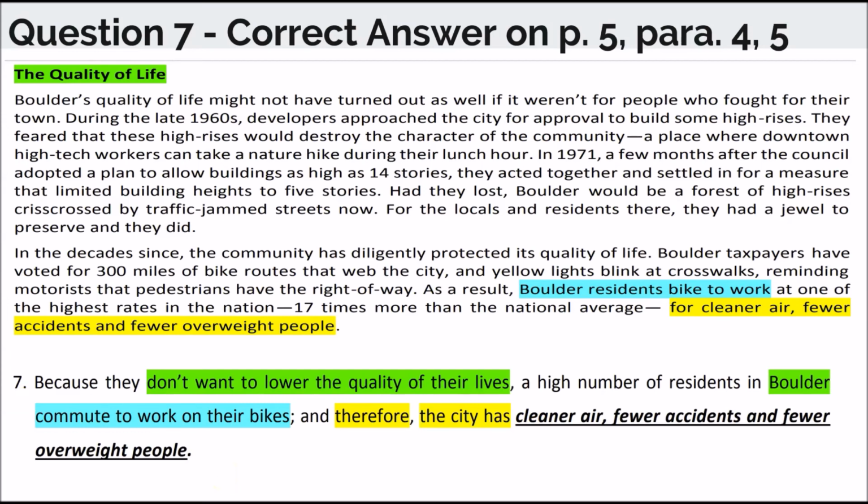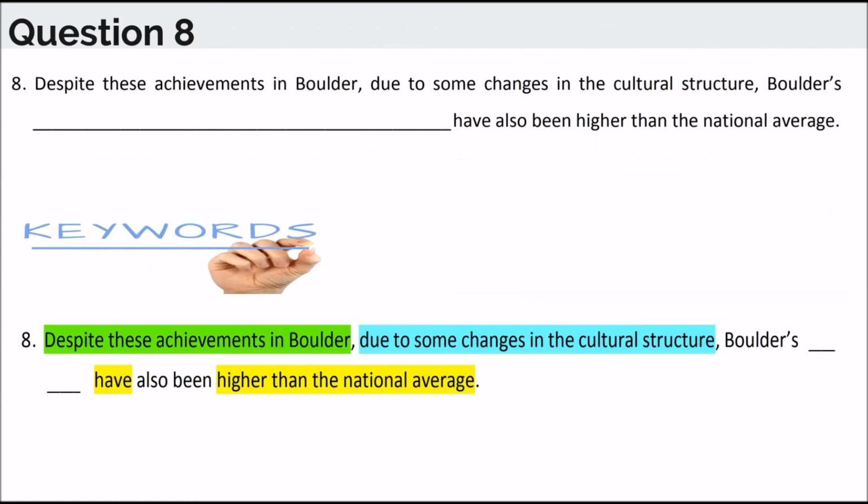The last question is this: despite these achievements in Boulder, due to some changes in the cultural structure, Boulder's something have also been higher than the national average. So we're looking for a word that is plural, right? I know that because the verb is have. It is used plural.